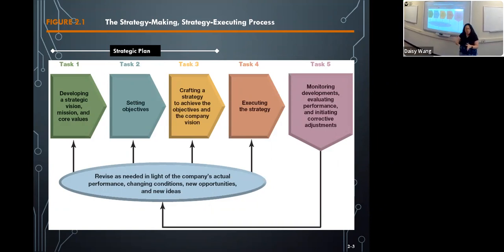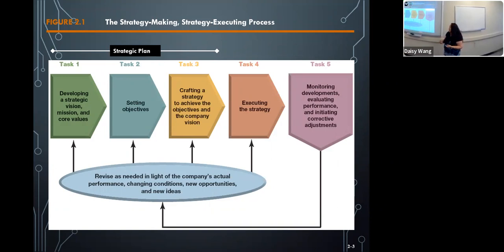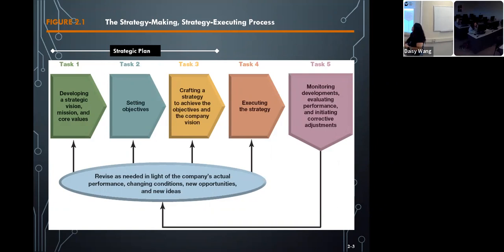There are two main types of objectives: one is strategic, one is financial. Financial, of course, you can easily see, is about the numbers. The strategic objective is also about numbers, but it's more about the position among the market. We will also talk about it.